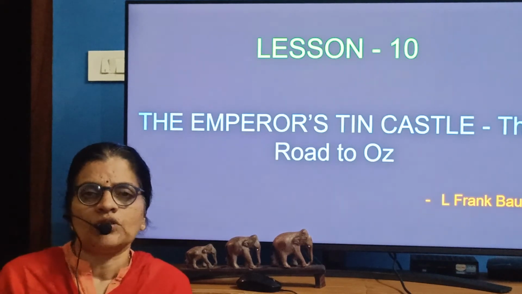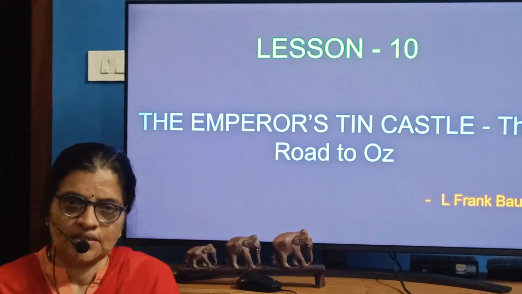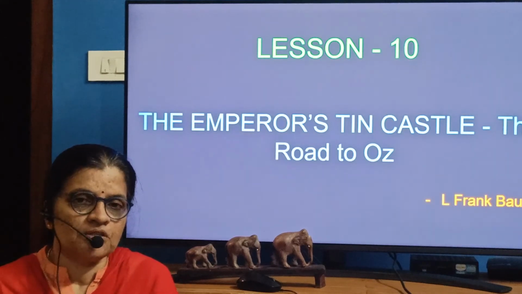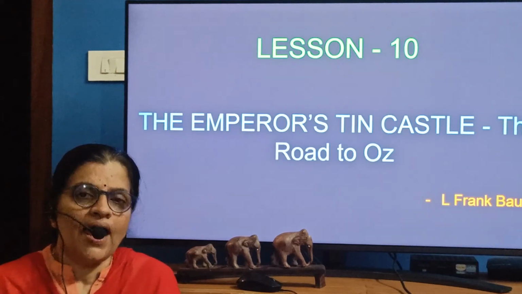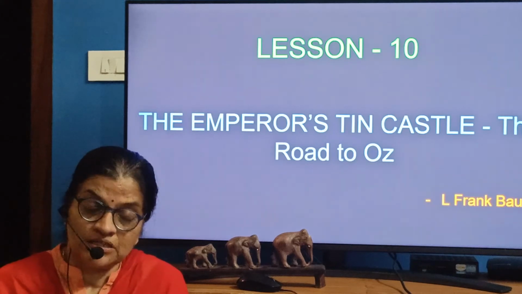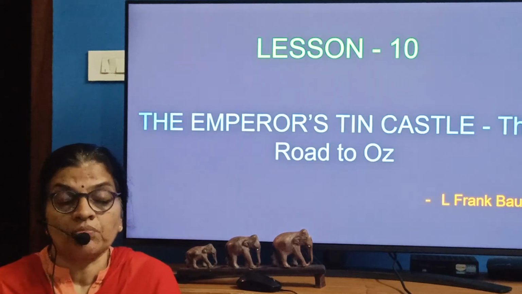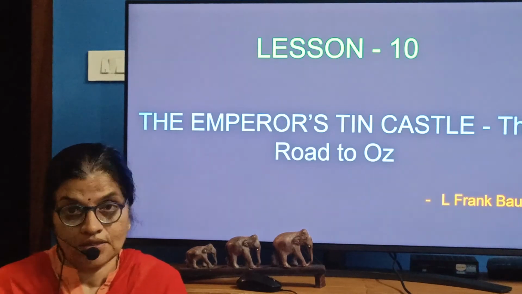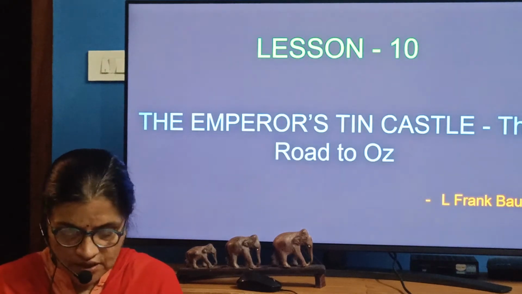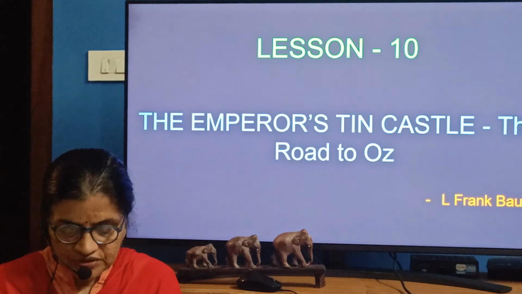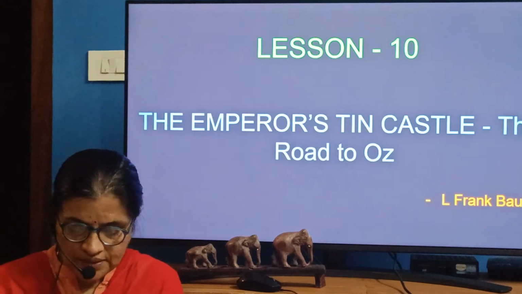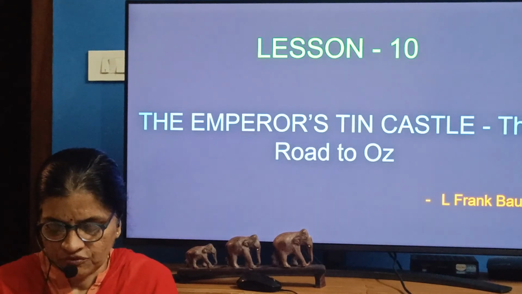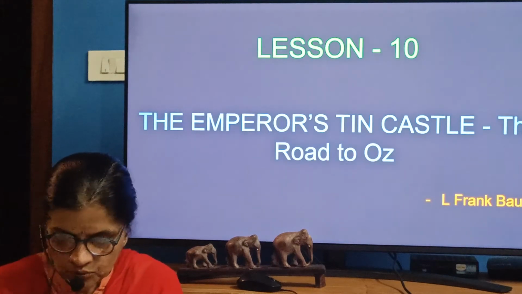Dorothy and her friends say that this is the famous place of tin. They said that they must have spent a lot of money for the construction of this palace. Then Dorothy said, we would be no better than the rest of the world if you used money to buy things.